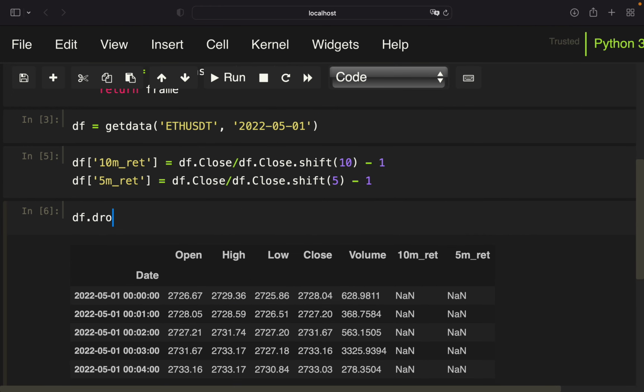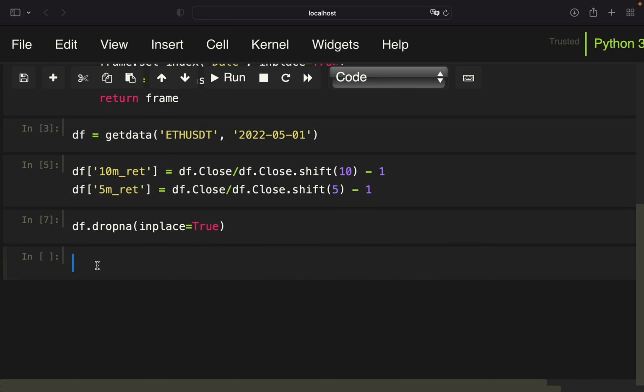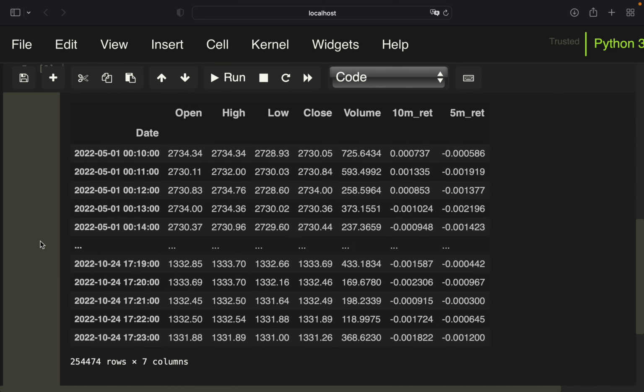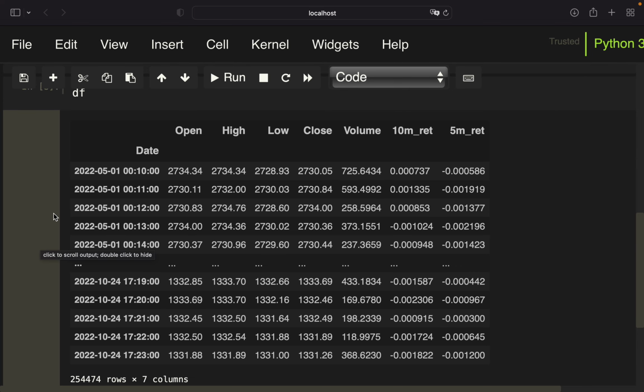You can drop them if you want, dropna with inplace true. Maybe a bit more lucid here. Okay, so these are the two parameters we need to make the buying decision here, right?